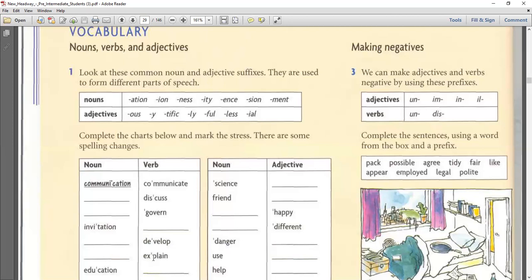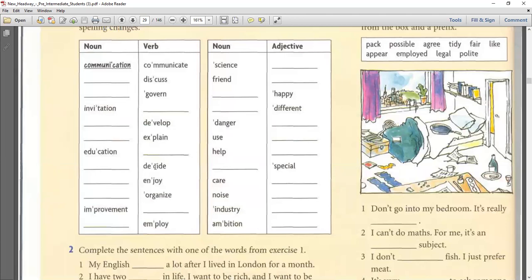Explain, explanation, this suffix. Okay. Education, educate. We have decide, decision. Enjoy, enjoyment. Organize, organization. Improvement, improve.